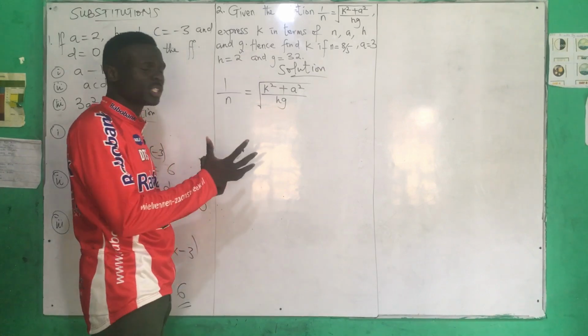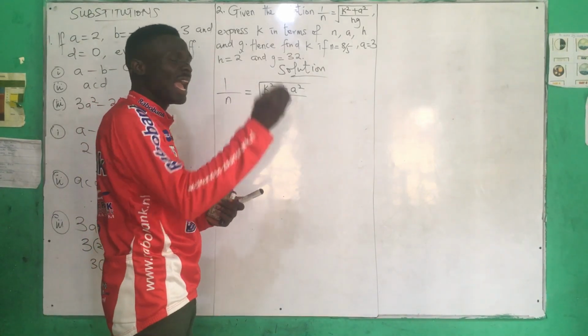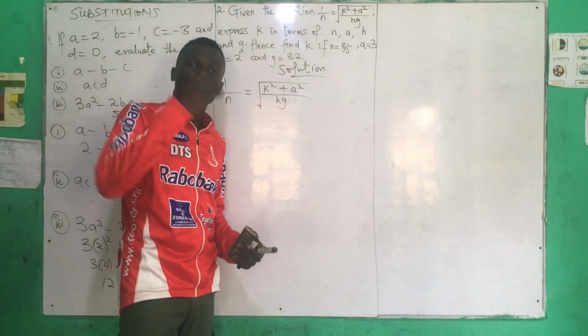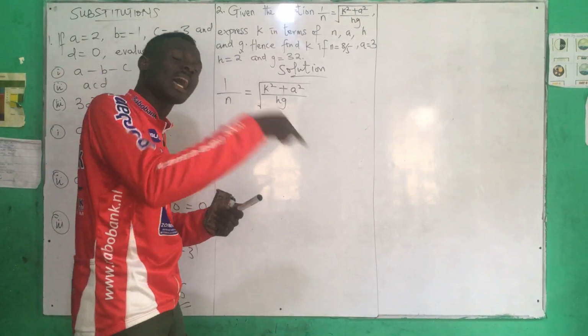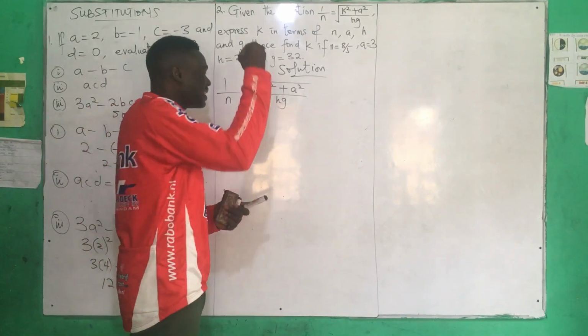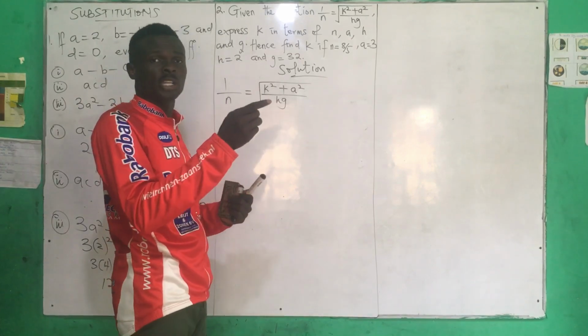Now look at the expression. This expression involves a square root. And what also makes it confusing is that the variable we are to make the subject is inside the square root. Now, because the variable we are making the subject is inside the square root, what do we do? We have to get rid of the square root.